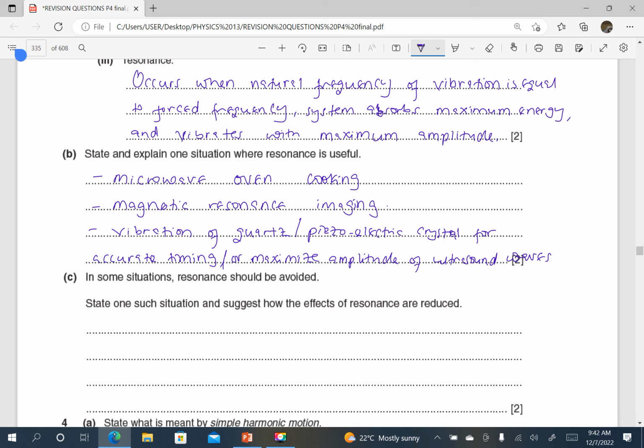But the most common one are the vibrating metal plates. If you have heard of a generator vibrating, the metal plates are most likely going to be damaged as a result of resonance.